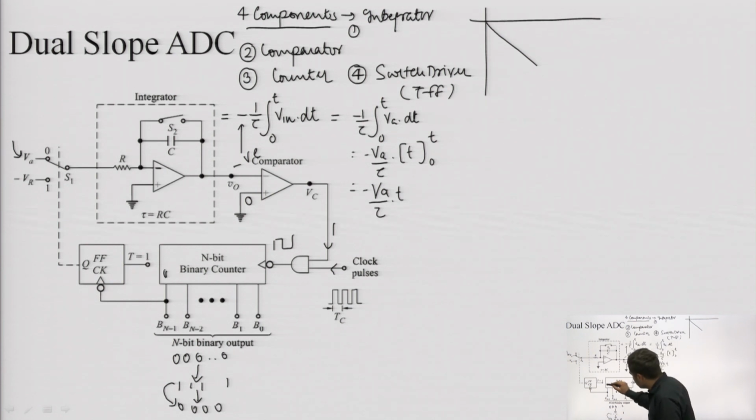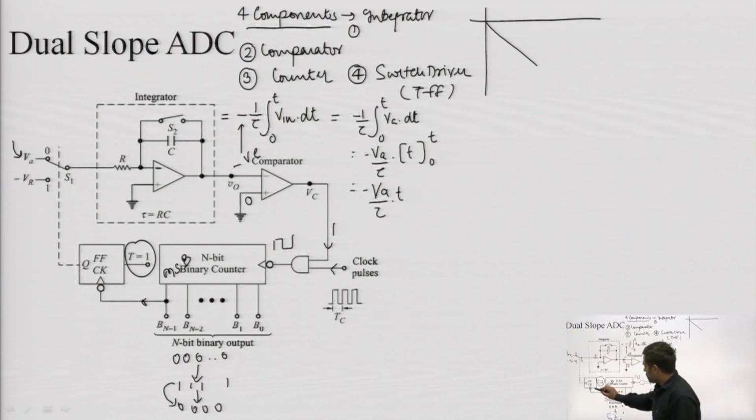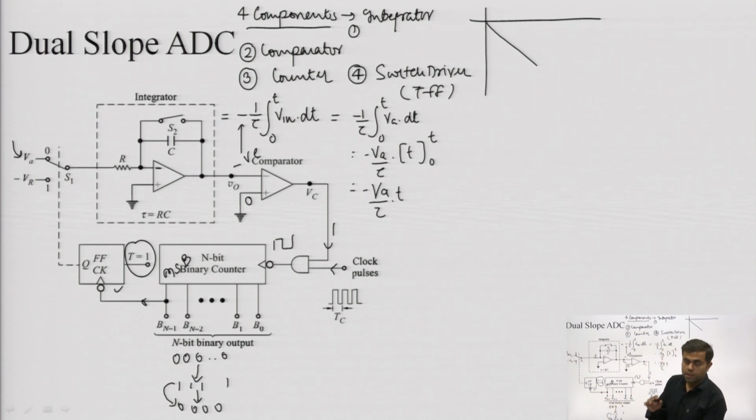Now this MSB of the counter is connected to the clock of the T flip flop, in which T is equal to 1. That means this T flip flop can always toggle if a clock is available. The clock is negative edge, meaning a 1 to 0 transition.